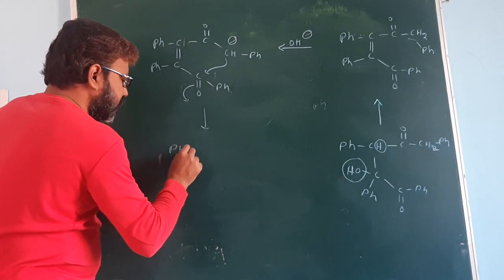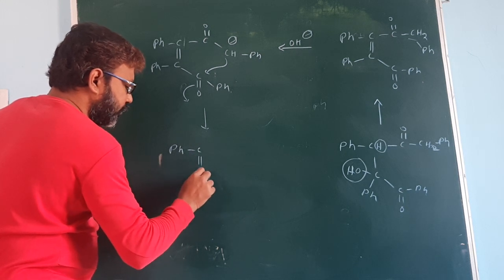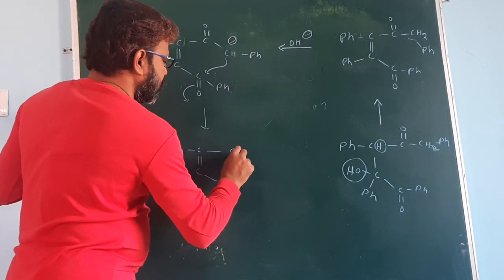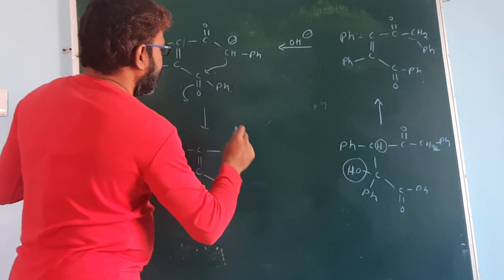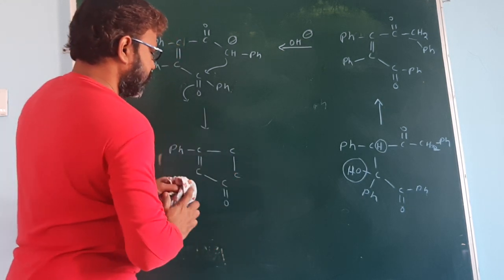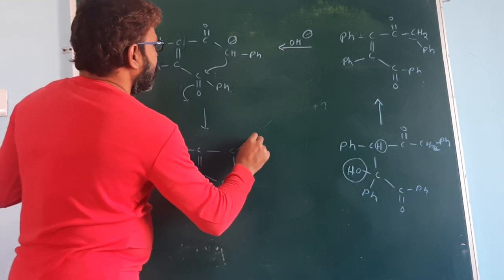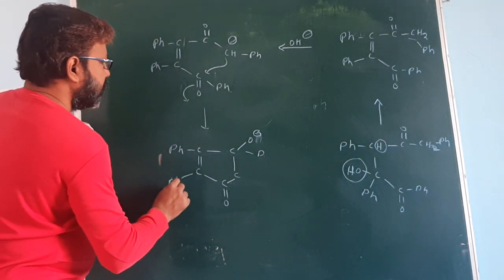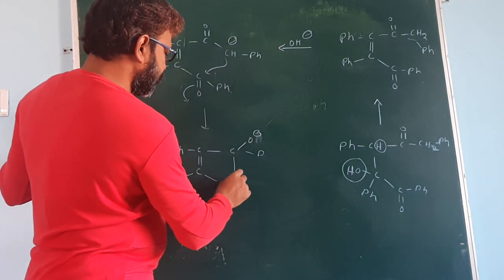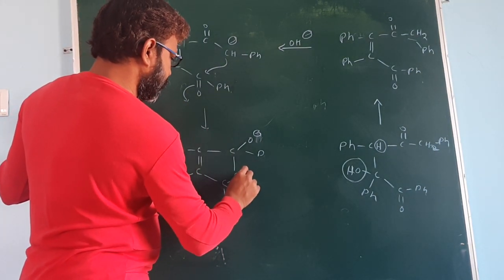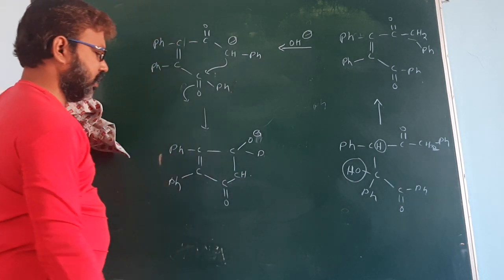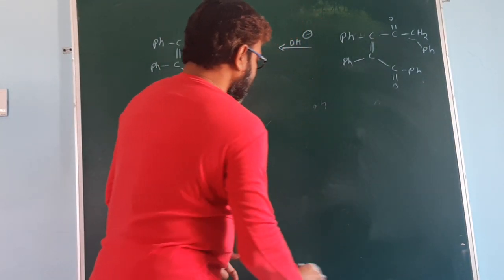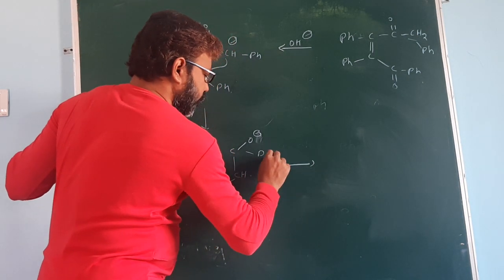We get PhC=C, C=O, O minus, Ph, Ph. It abstracts the proton from water, accepting the proton from water.